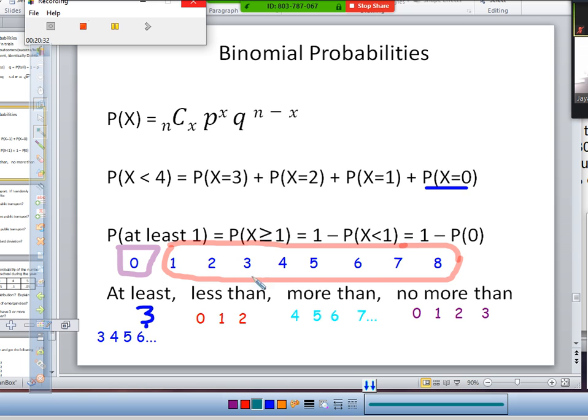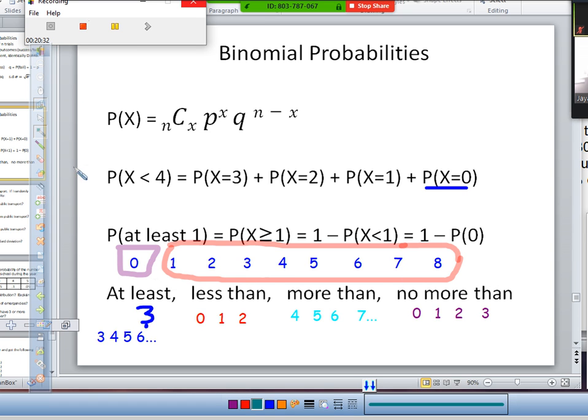At least 1 means all these ones here are circled in red. If I'm trying to find the probability of all of these, I can either find all 8 of them and add them up, or I can just find the probability of 0 and subtract from 1, because the purple and the red all together have to add up to 1 or 100%. So that's part of that probability rule that's so useful.